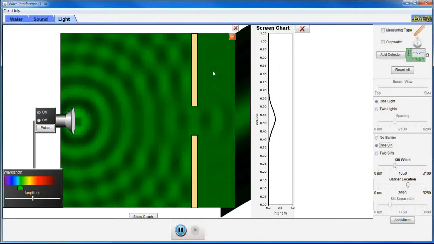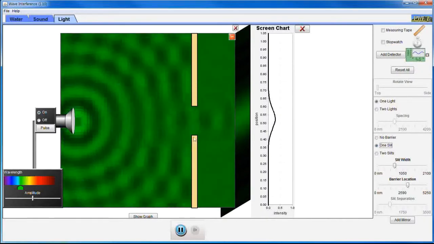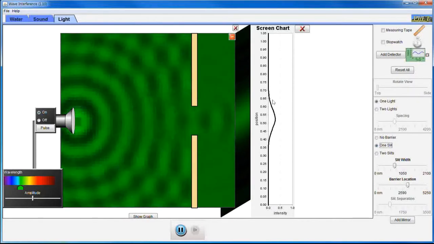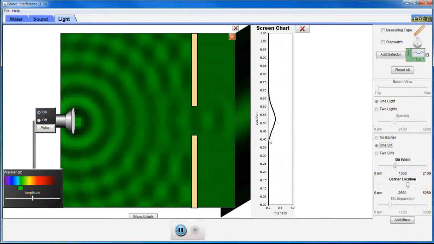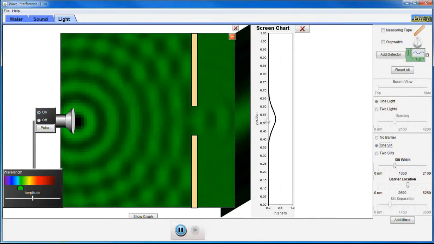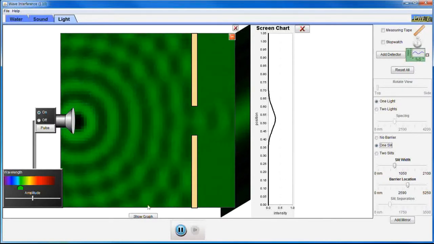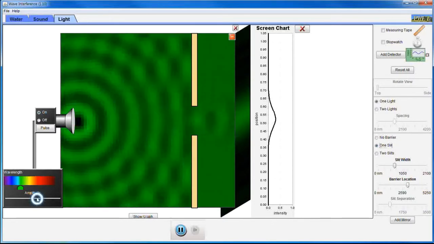It may be a little difficult to see on your screen, but the light is actually diffracted in this part. On the intensity chart, as you can see, the light is going up in the central part, so it is brightest at the center and pretty dark on the other side. Let me try to enhance the amplitude so that you can see it a little better.